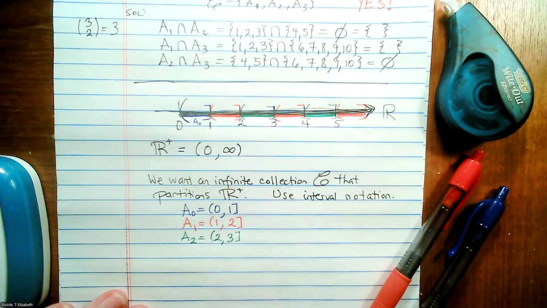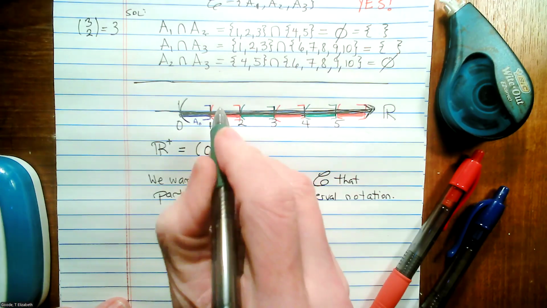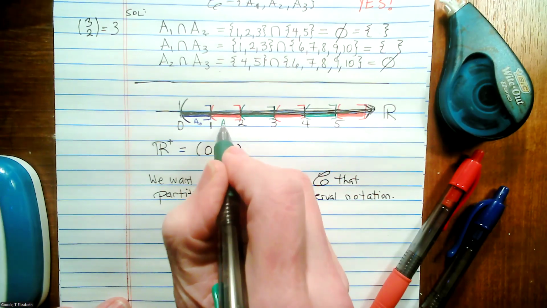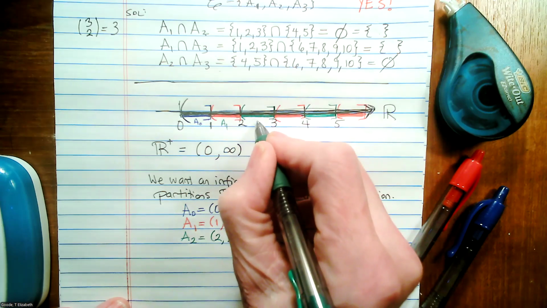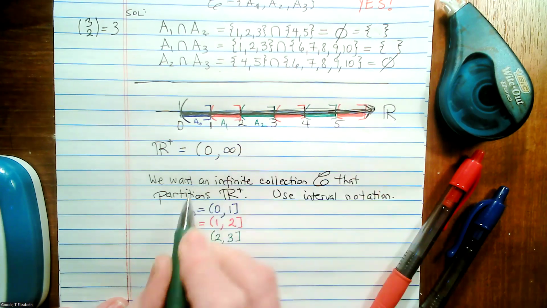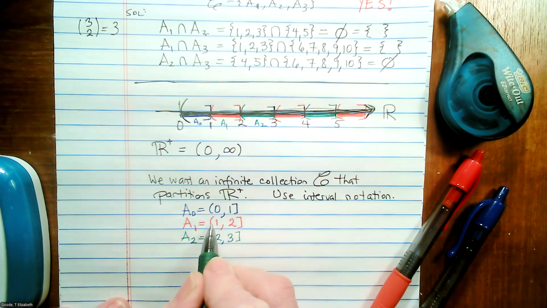but don't overlap with each other, because you see A0 contains 1, but A1 would be the only possible set that could possibly overlap with A0, and they're not going to be able to overlap because A1 doesn't include the 1, see?